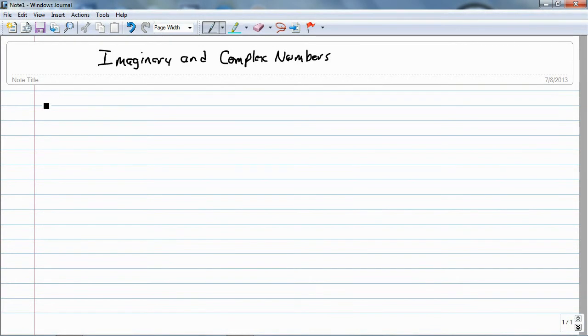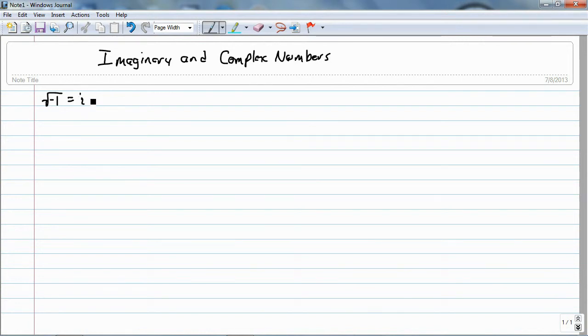Now, remember that we have the square root of -1, and that's defined by the letter I. For us engineers, especially the electrical engineers, we don't like using the letter I because we're going to be using this to define electric currents.